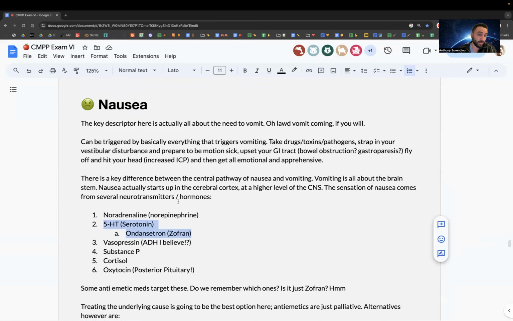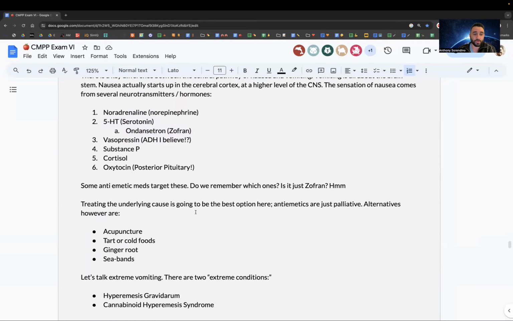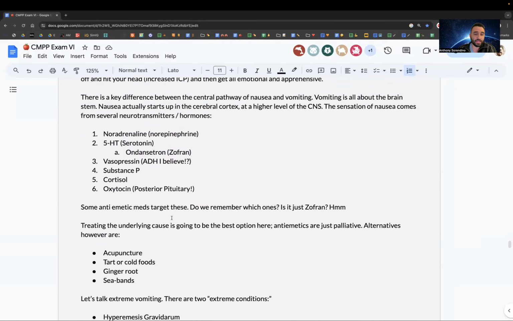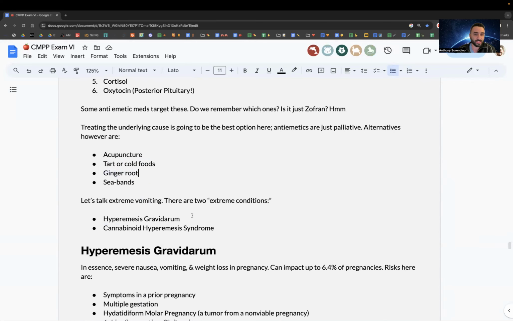So that's kind of where Zofran comes into play. Okay, if you're feeling nauseous and you don't want to take any medications, then you can do acupuncture, ginger root, sea bands, tart, or cold foods. Very cool. Ginger root, that's probably why they give people ginger ale when they're sick.